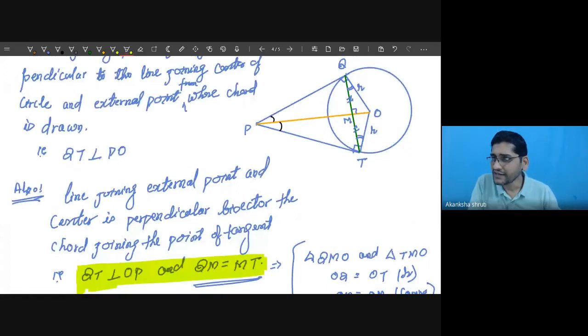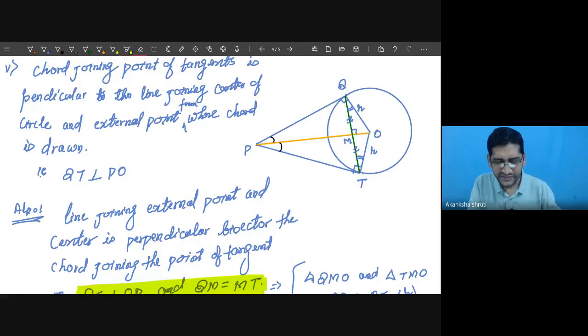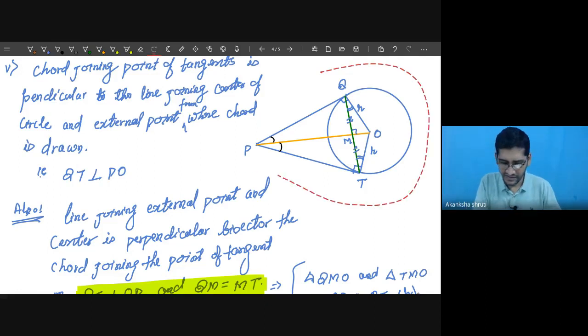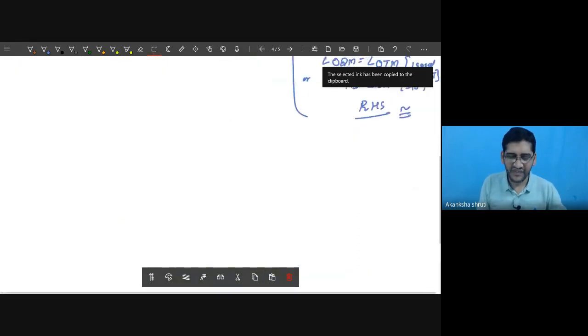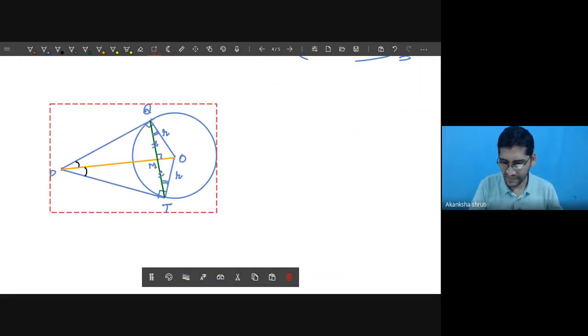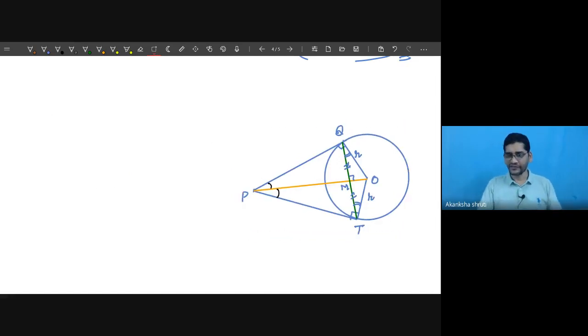Now let us come to the angle relation. Students, we may consider the angle between the tangents as alpha.